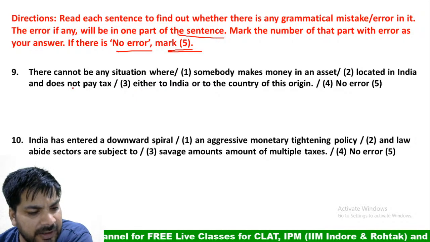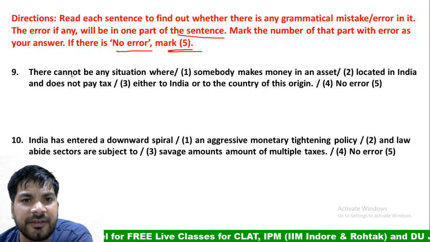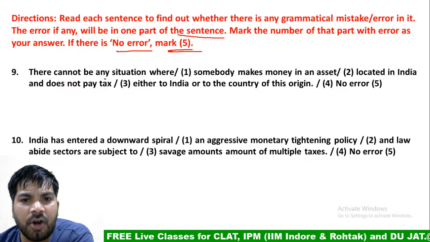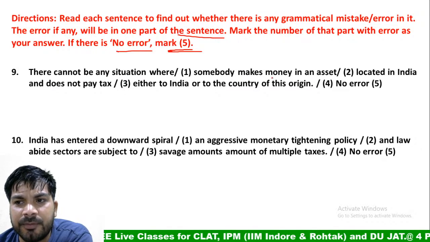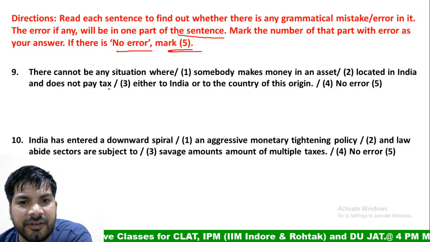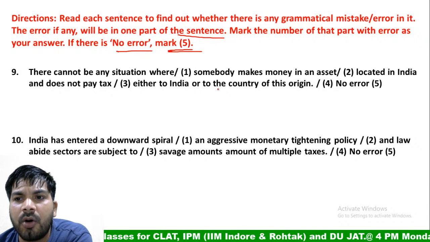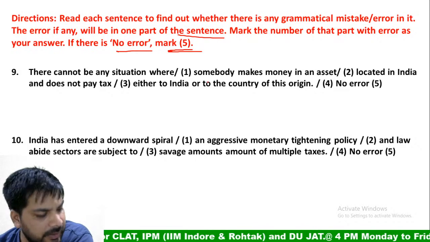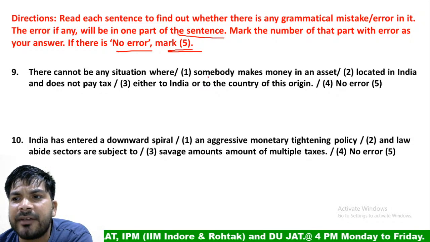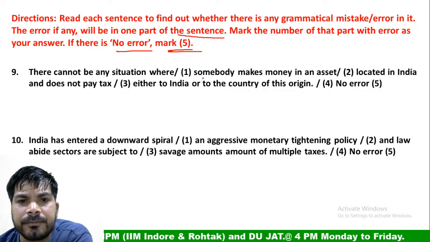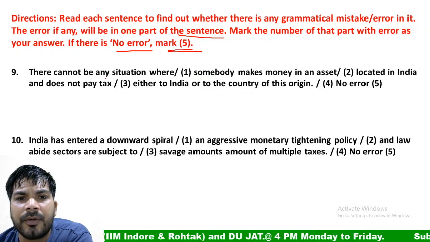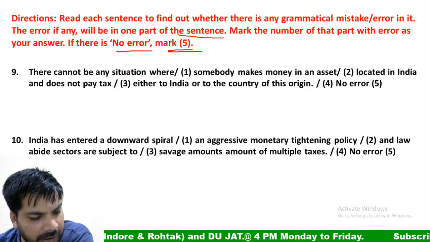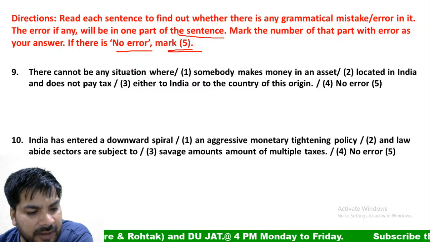Question number 9, ladies and gentlemen. What should be the answer? Ninth, ladies and gentlemen, where is a mistake? I want an answer from everyone. Please type in the answer.